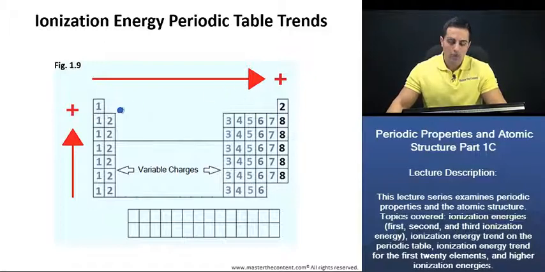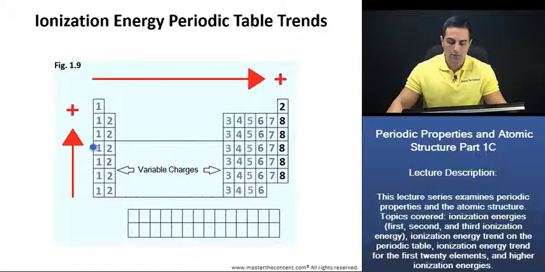Now, how about as we move up a group? What's taking place there? Well, if we take a look at group 1, as we move down the row, we're seeing that those valence electrons are going to be on subsequent quantum levels.